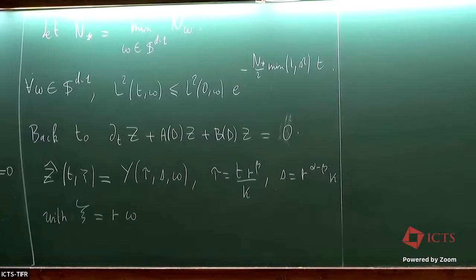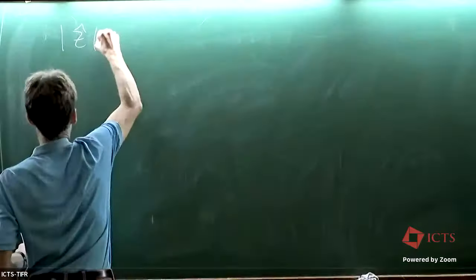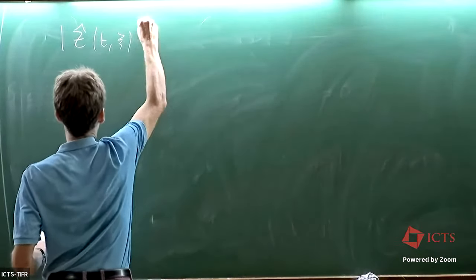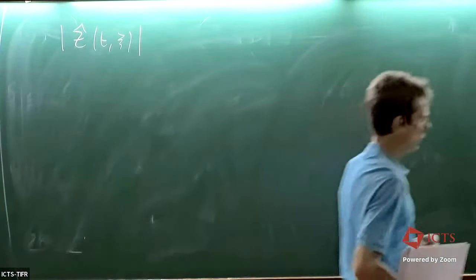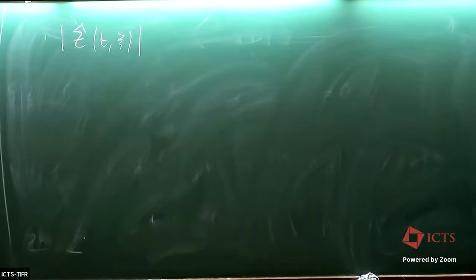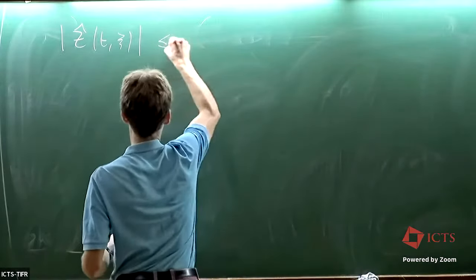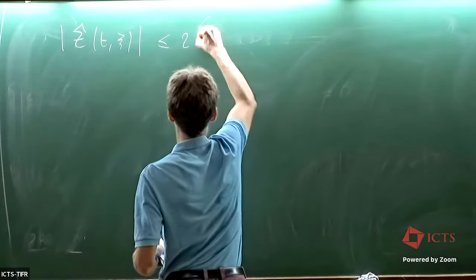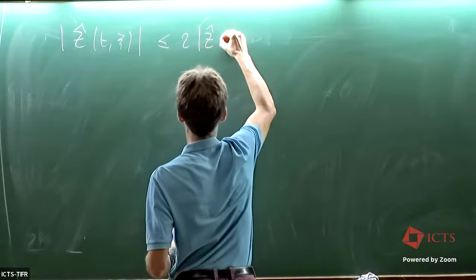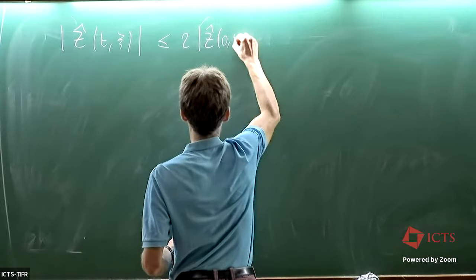Okay, so I go back to the original variable, and then what I get, I remove the square, and if, for example, you manage that in the equivalence here, you have a constant 4, then after you can manage to have this, C hat 0 psi.